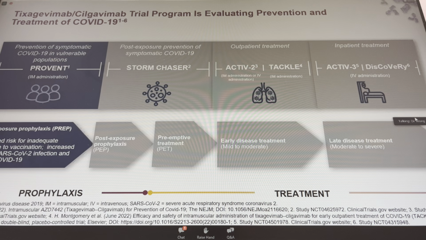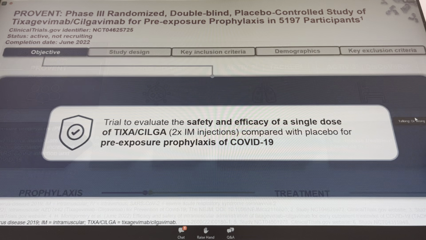So the target population is really those who have increased risk. Either they have not been vaccinated or they have an inadequate response to vaccination. Of course, we focus primarily on patients who are at an increased risk for severe disease from COVID-19 infection. Okay, this is the objective.